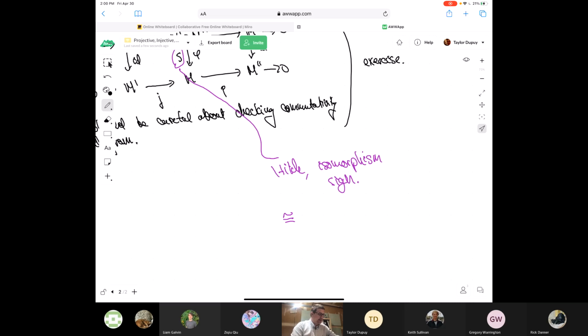But the idea to show that every projective module, let's say finitely generated projective module, is a direct summand of a free module is that you're going to use this lifting property to lift the identity map, and then you're going to use that to get a splitting. And so that's going to make it a direct summand. And I'll do that on Monday.